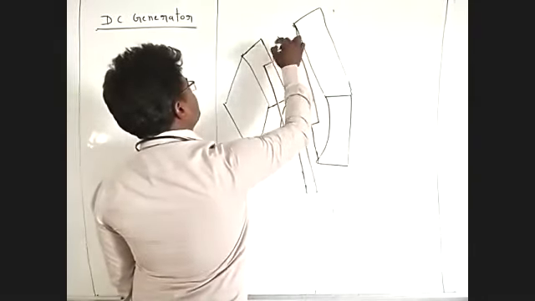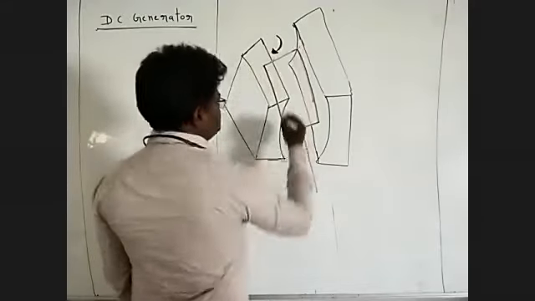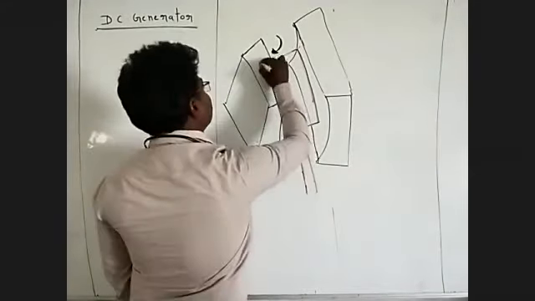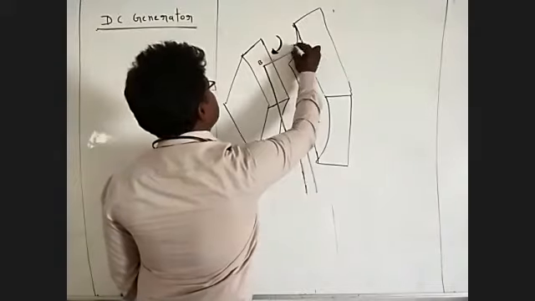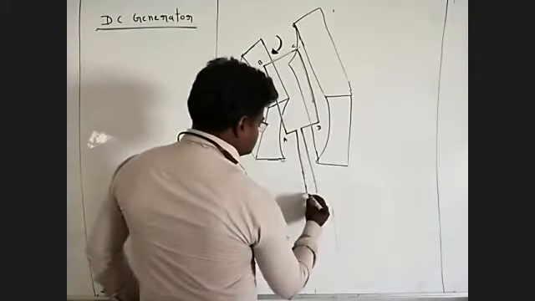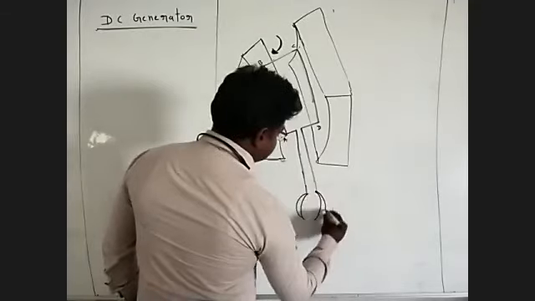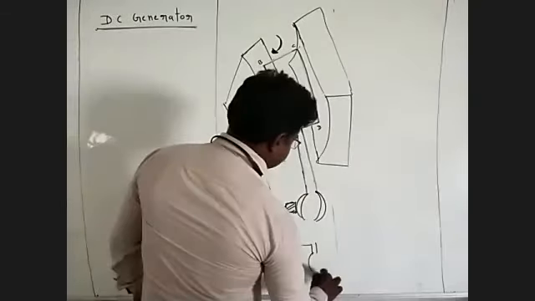This is rotated in a clockwise direction. The armature, A point, B point, C point, D point. Connected to slip rings. It is connected to brushes. Now it is connected to load.